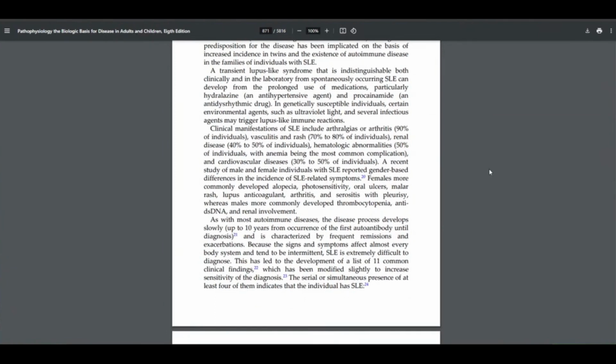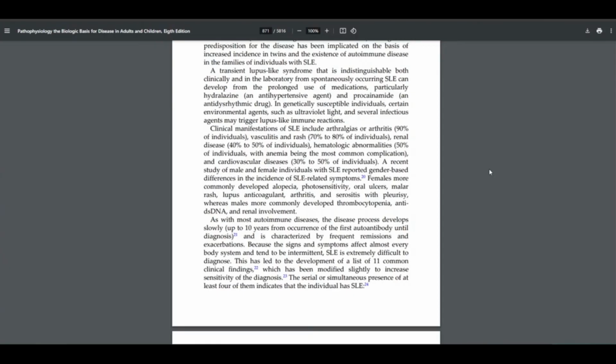A transient lupus-like syndrome that is indistinguishable both clinically and in the lab from spontaneously occurring lupus can develop from the prolonged use of medications, particularly hydralazine, an antihypertensive agent, and procainamide, an antidysrhythmic drug.